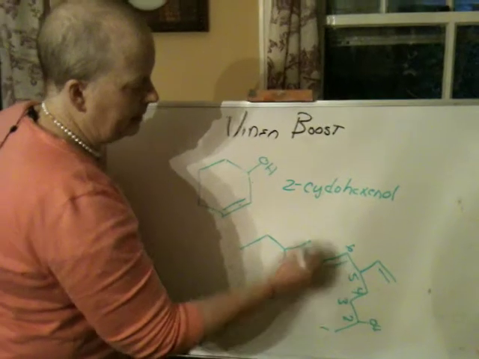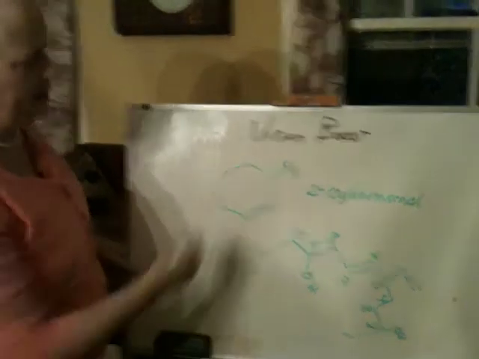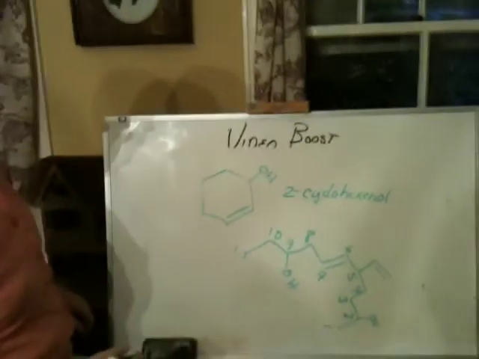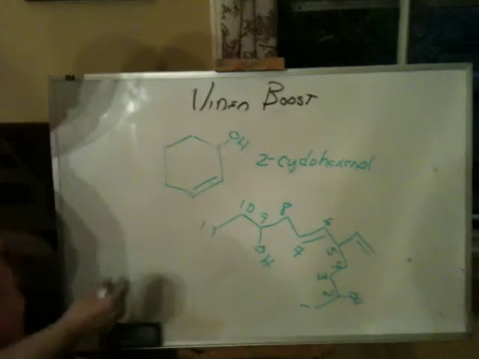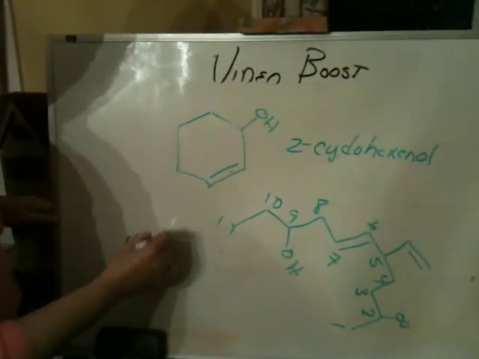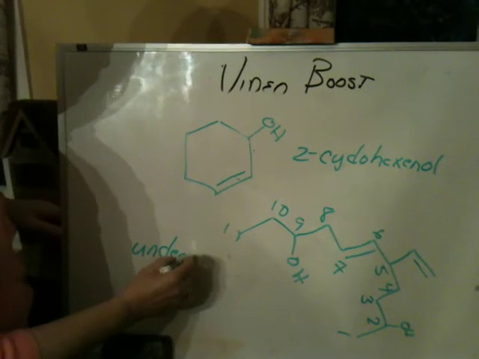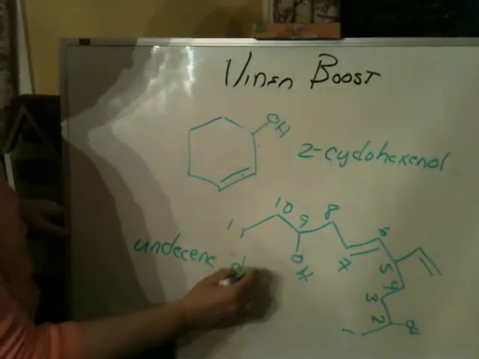This is probably the kind of problem you should be able to do by tomorrow. These 2 are at the right level. This one's a little bit harder, but I just want to show you something. This would be called an undecene. Now watch this. Leave the E, diol.